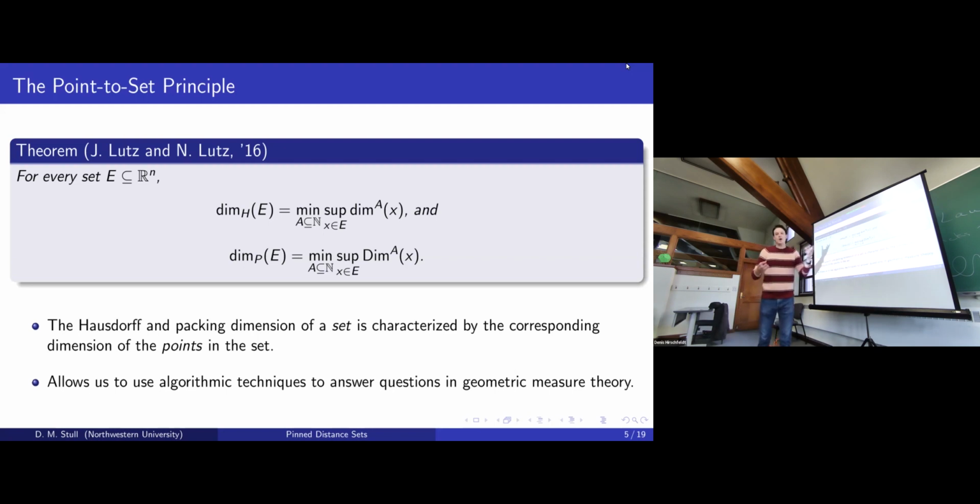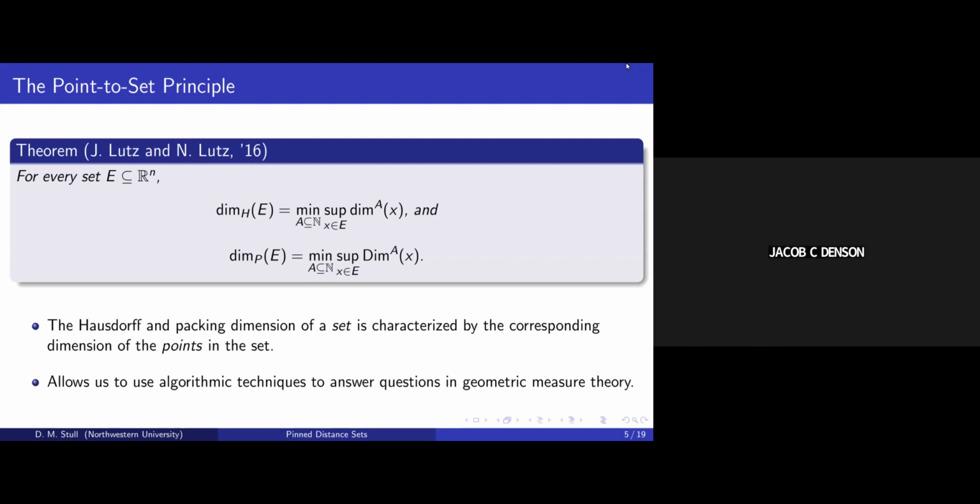If the cover is very small, then there aren't that many sets to specify if you want to specify x to precision 2 to the negative r. So you get a very low dimension point. All right, that makes sense. Thanks, that helps.